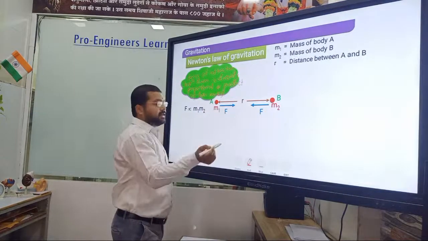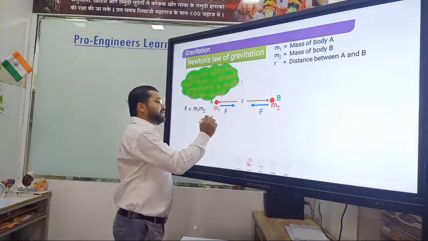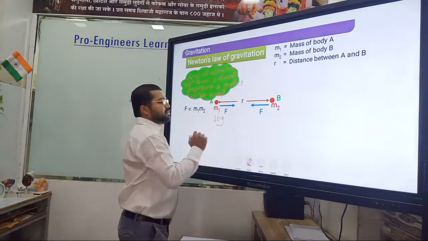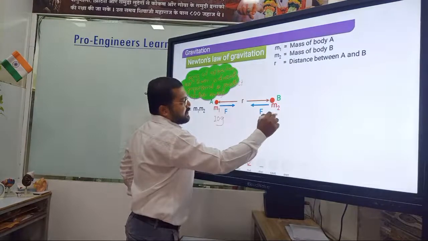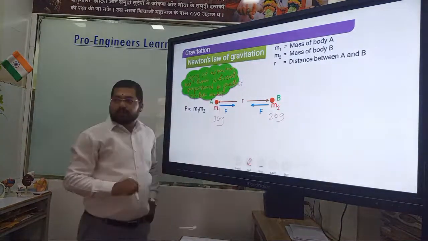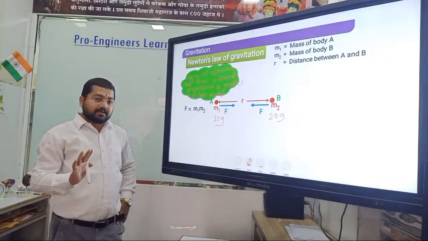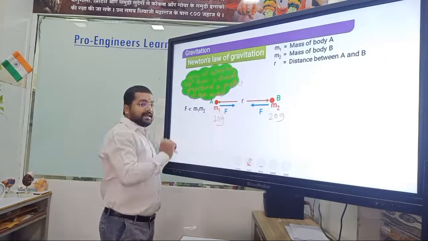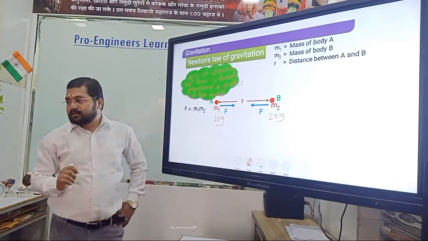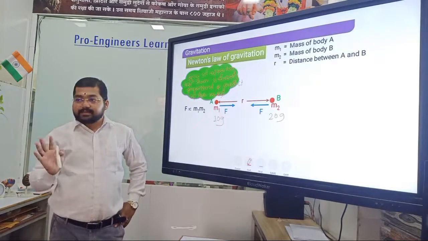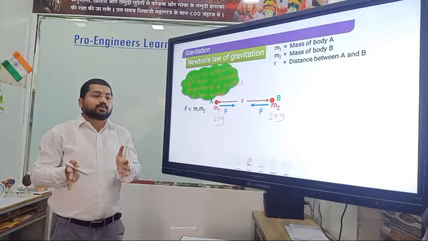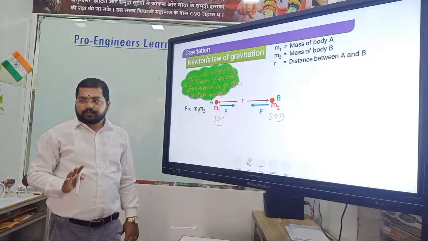Let us consider the mass of the first object is 10 grams and the mass of the second object is 20 grams. Now, if we consider 10 into 20 is 200, it doesn't mean their force is 200 newtons. Why?